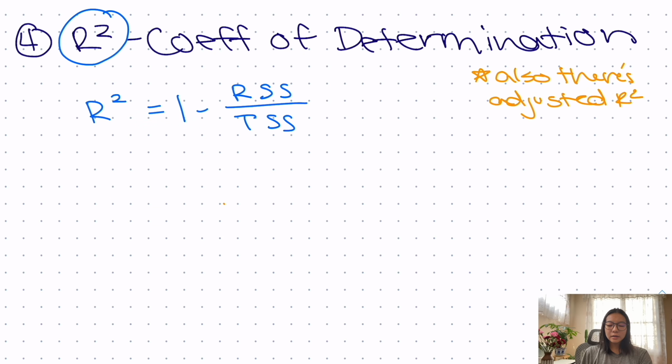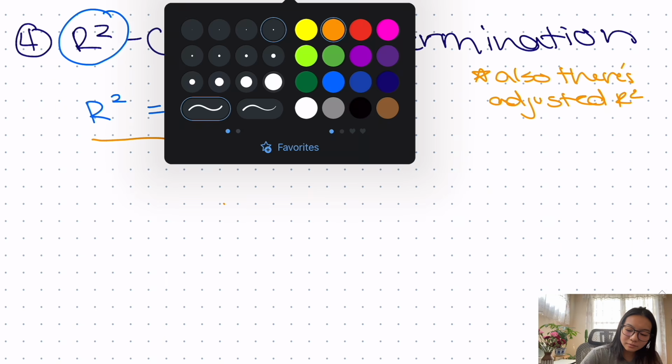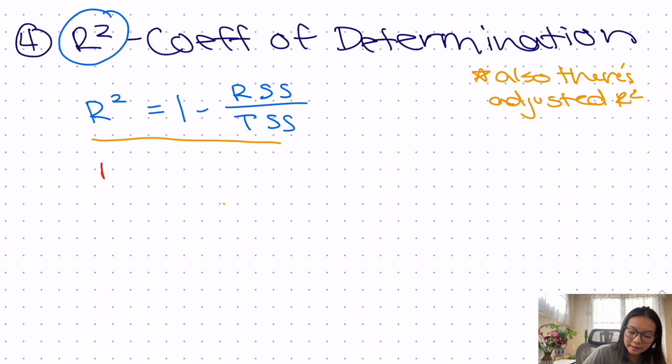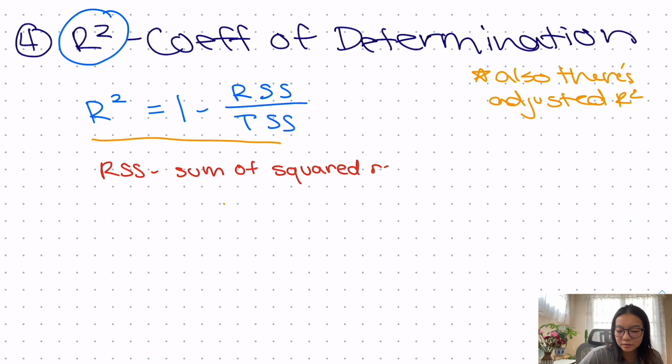And now finally, there is the coefficient of determination, or R squared. This is the formula for R squared. R squared is equal to 1 minus RSS over TSS. Okay, so what does that mean? Basically, RSS stands for the sum of the squared residuals.